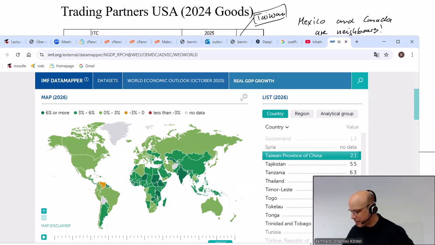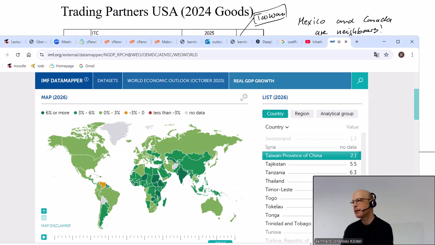The second most powerful country in the world, China, is insisting that Taiwan, which separated in the 1930s, 1940s, Chiang Kai-shek, he was president of China until he left for Taiwan, and then Mao Zedong took over.